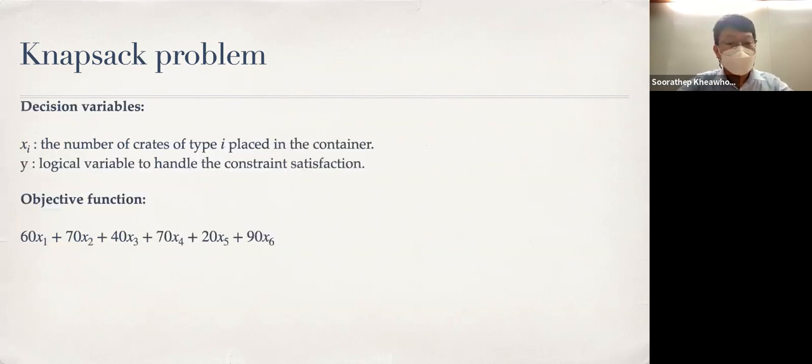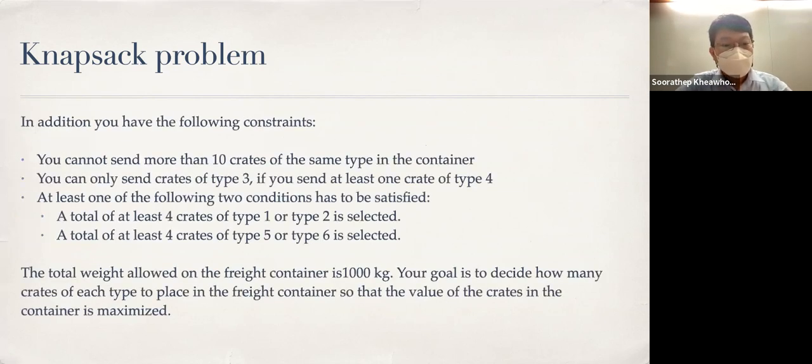We have 2 conditions, right? The first condition is at least 4 of type 1 or type 2 is selected, or at least 4 crates of type 5 or type 6 is selected. So we don't need both to be true. Either one can be true.